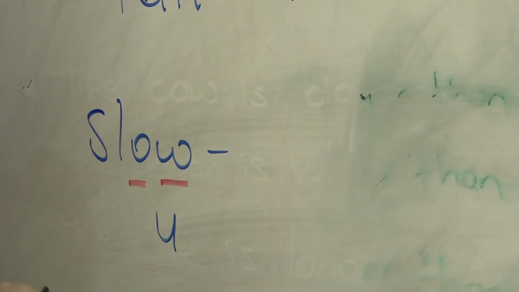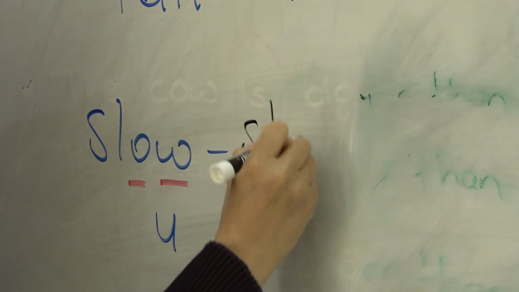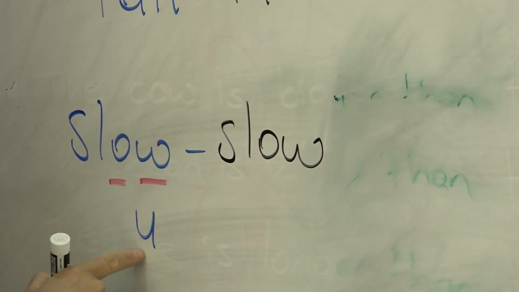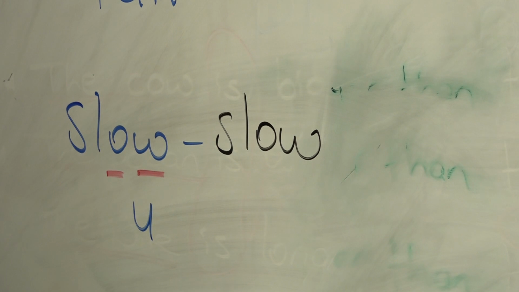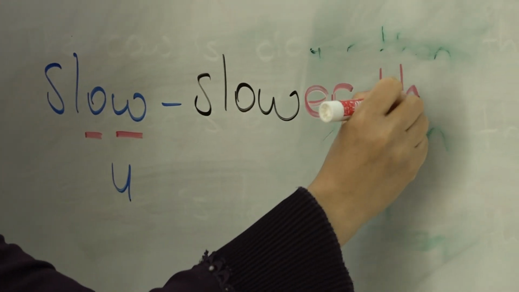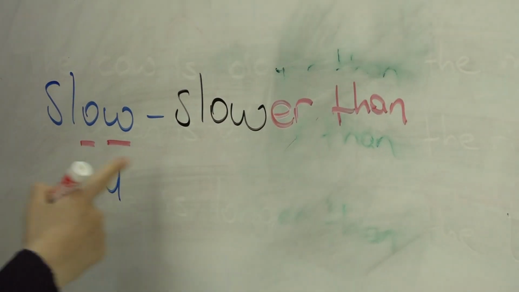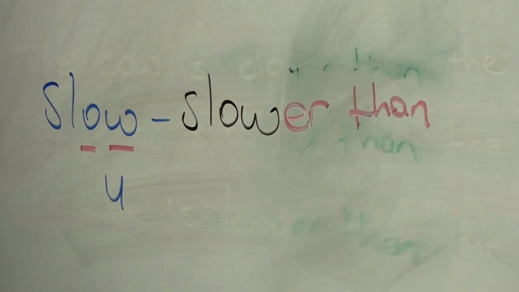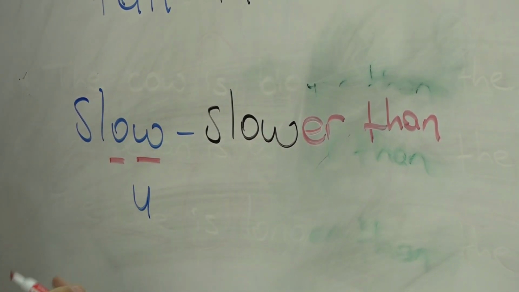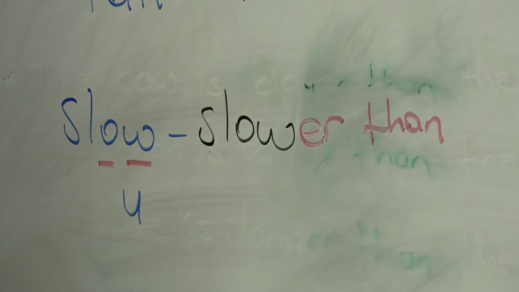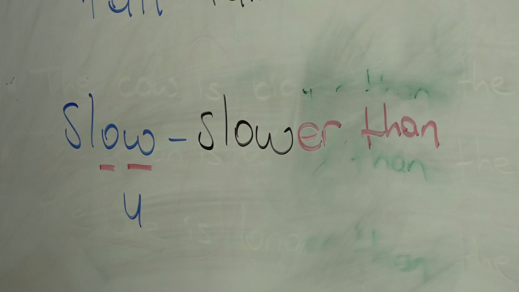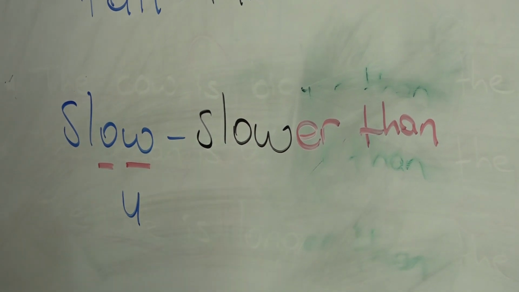Therefore, I don't double the consonant here because of the vowel sound at the end. I write directly ER than. I make it slower. Again, because the adjective slow ends with the U sound, I don't double the consonant at the end. I don't write double W.